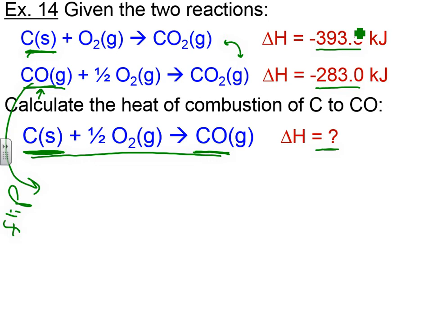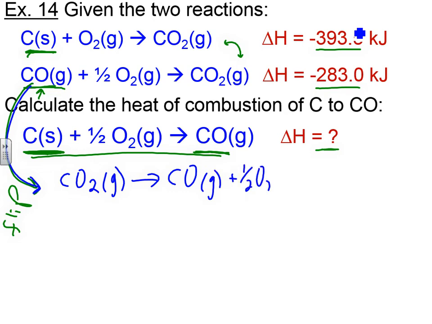And then remember that the sign of the delta H will also flip. So let's go ahead and rewrite this equation with the products and reactants flipped. So we have CO2 gas for our reactant now, arrow, and I've got CO gas plus half of O2 gas.